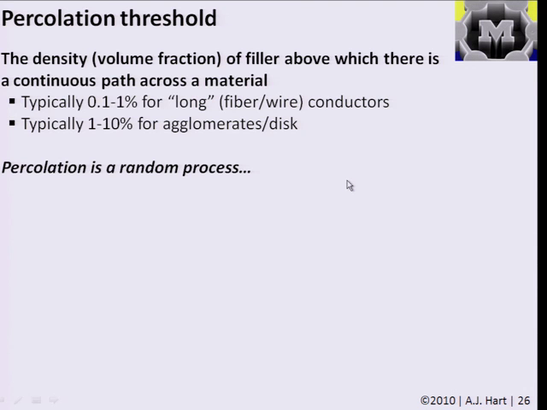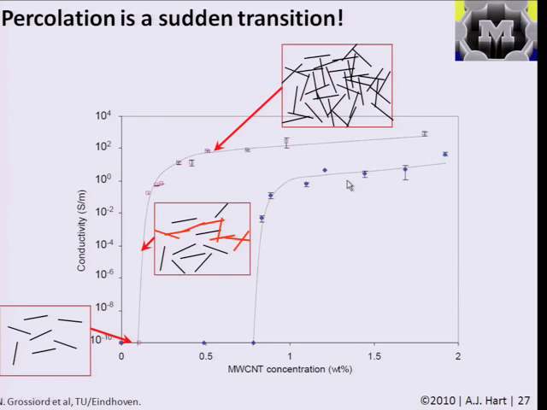And if you have agglomerates, spherical particles, or disk particles, you're more in the order of 1 to 10%. And this is very much a random process. If you repeat the experiment of throwing your structures on a plane several times, you're probably going to see a different percolation threshold because it's going to depend on where the structures randomly land. And the path through the material is as well going to be random.